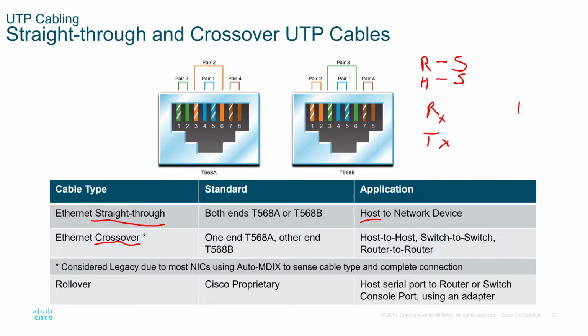On the other side, I have a receive and a transmit. A straight through cable, the receive would be going to the receive and the transmit going to the transmit.